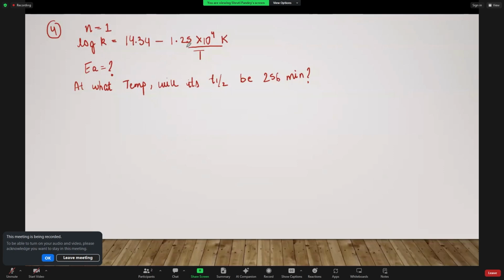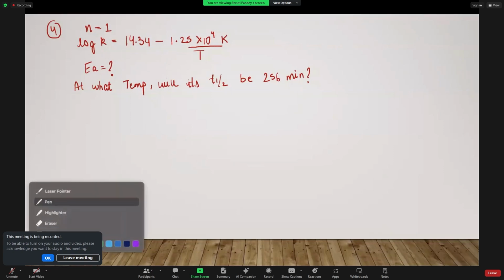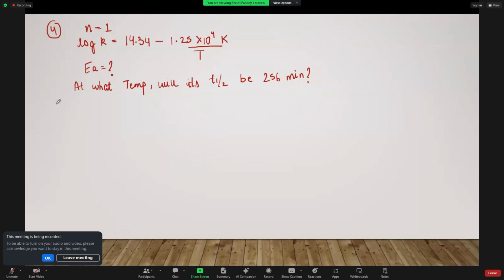ठीक है, अब आपको पता है, you know how the rate constant and the temperature are related using the Arrhenius equation. That's the main equation for the dependence of the rate constant on temperature. So we will start by writing down the Arrhenius equation. Arrhenius equation says that K is A into e to the power minus activation energy by RT.